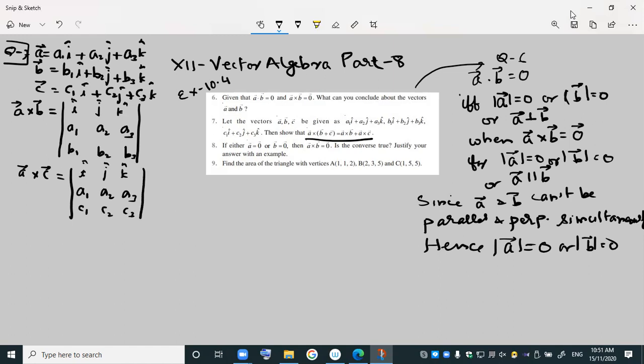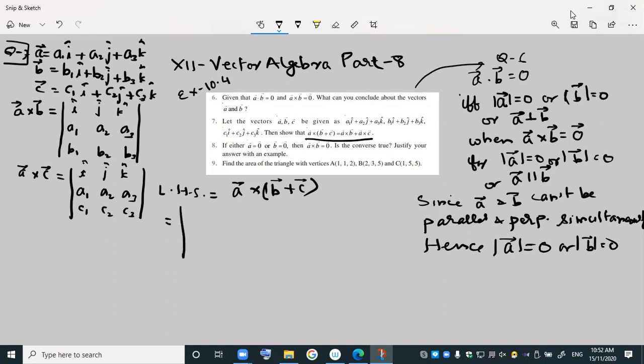Okay. Now we will take left hand side and we have to show that it is equal to right hand side. So left hand side is equal to A cross (B plus C). So first we have to find B plus C, which means addition of B and C: B1 plus C1, B2 plus C2.